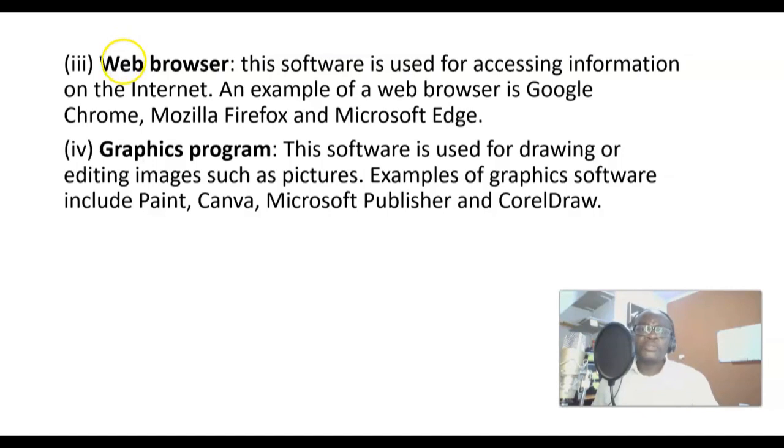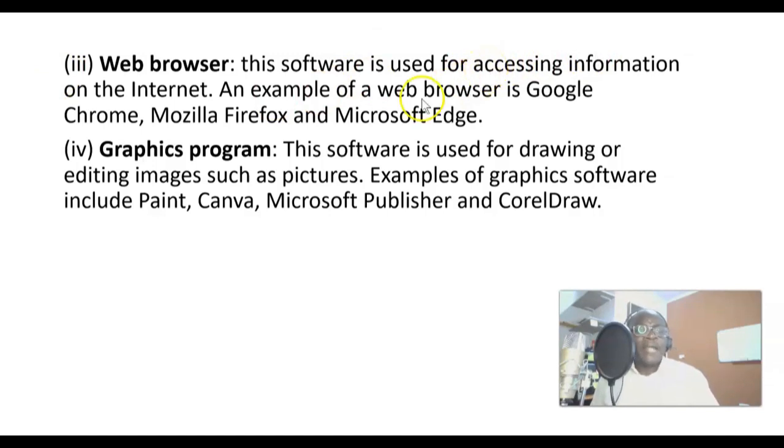For you to be able to do that, you use Google Chrome or Microsoft Edge or Mozilla Firefox. I don't know the one you are using, but all these programs I have mentioned are known as web browsers.